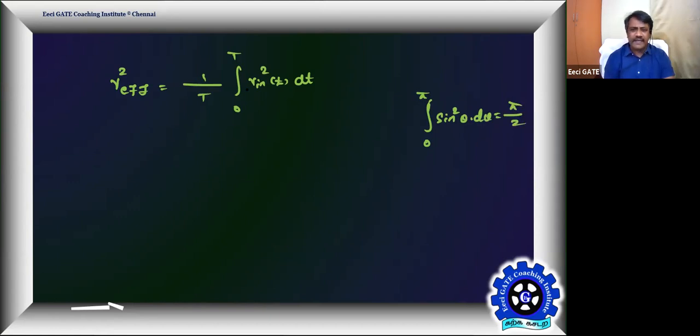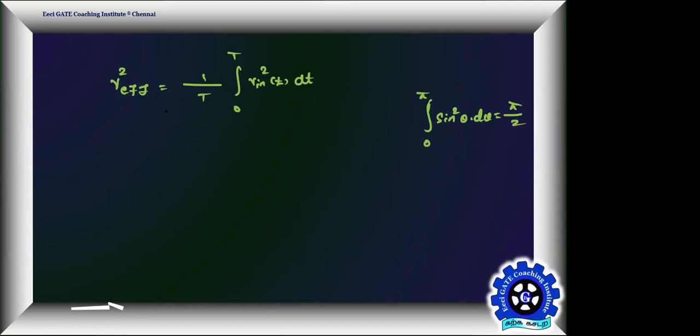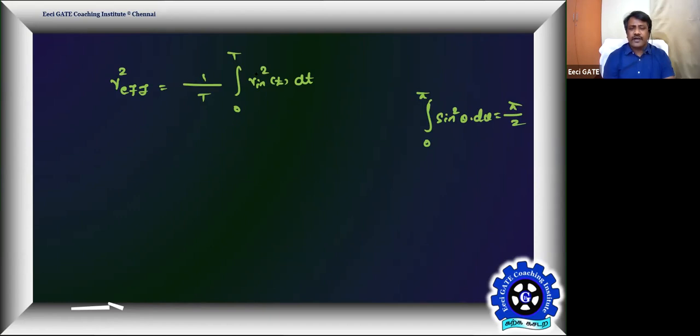It's proved already. Now V in of T is given as Vp sine omega T, a periodic signal defined over the period 2 pi. If you square the signal, what will happen?